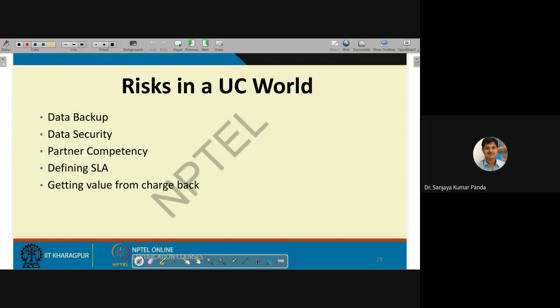Similarly, what about security? Security you can enforce if data is controlled by the user. But here the data is not controlled by the user. Who is controlling your data? The data is controlled by your cloud service provider. Obviously, there is an agreement between you and your cloud service provider.